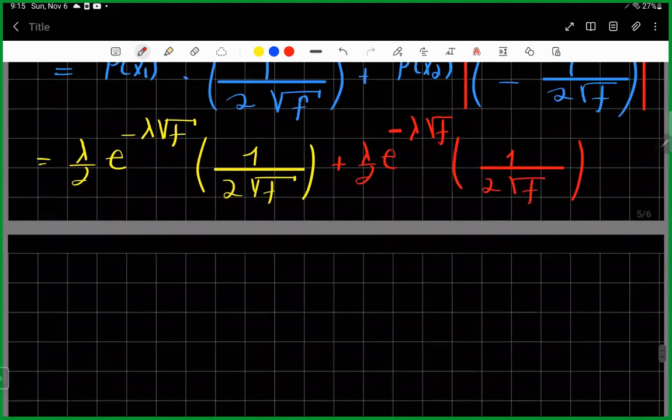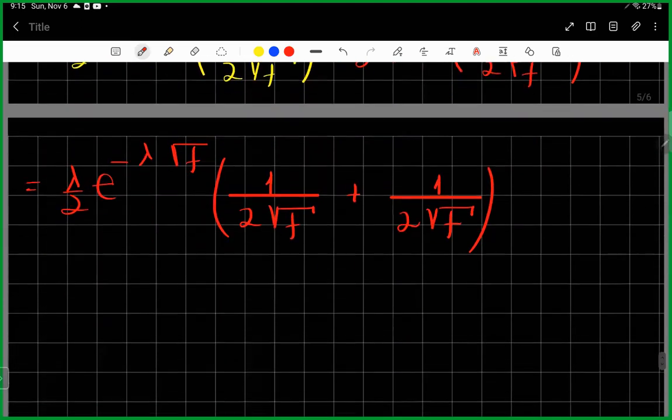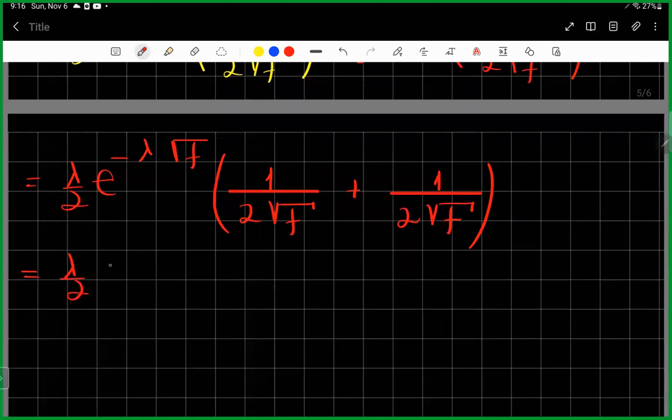And then finally, what we get is that this is lambda over 2 e to the minus lambda square root of f. And here I have 1 over 2 square root of f plus 1 over 2 square root of f. Okay. This is lambda halves e to the minus lambda square root of f times 1 over square root of f. Very good.